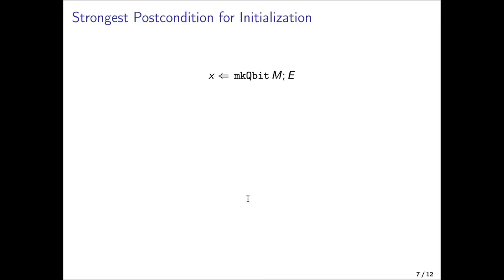I'm showing an example of the initialization primitive here. The way to read this is as before: x is bound to the value written by make qubit m, and then sequenced with other commands that will follow. And x will become available to these commands to refer to.